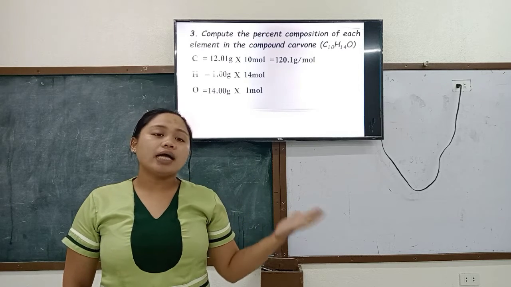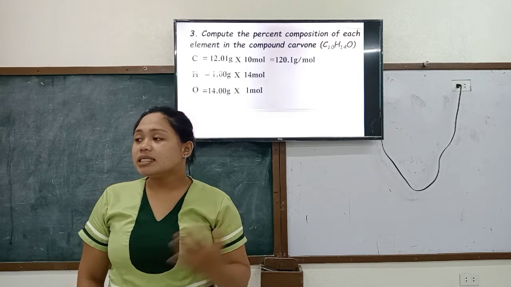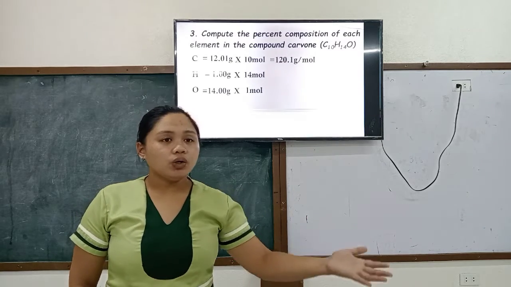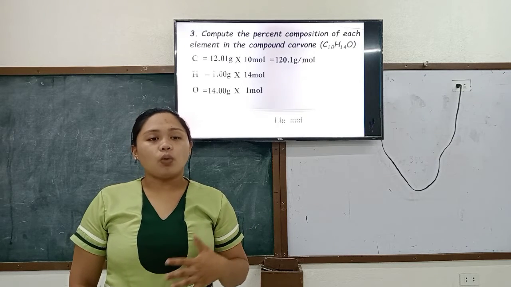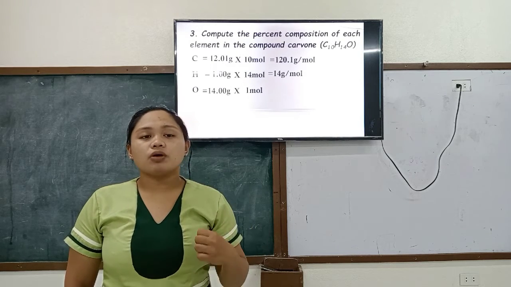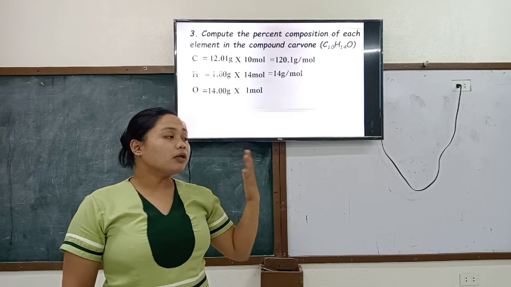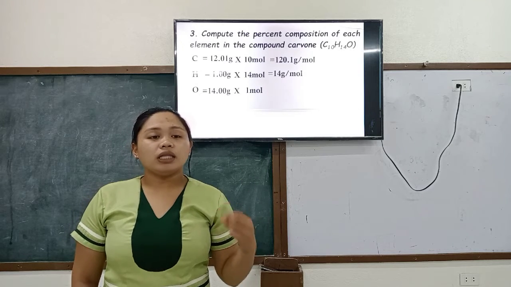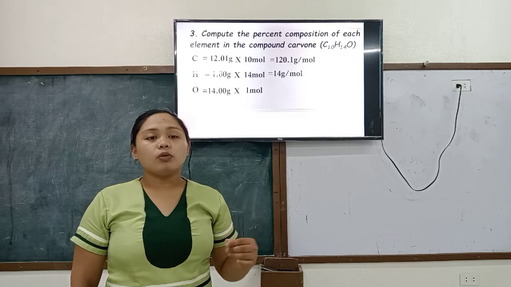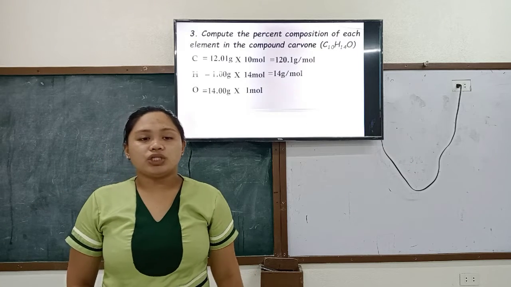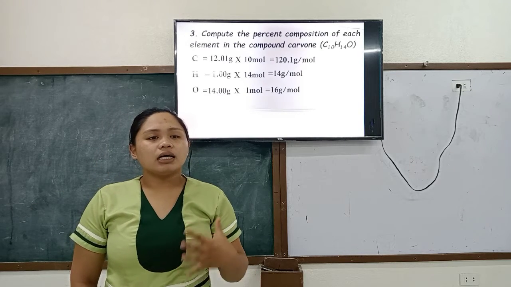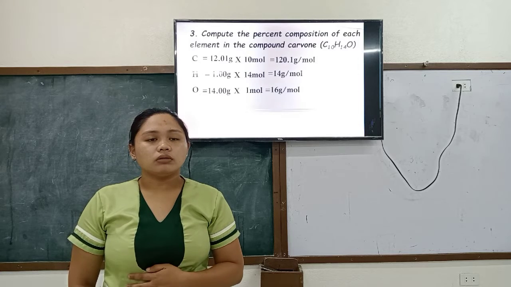Now, how about for hydrogen? What is the answer? Very good. So, 1.00 grams times 14 moles equals 14 grams over mole. Now, how about for oxygen? 14.00 grams times 1. What is the answer? Yes, you are correct, which is 14 grams over mole.